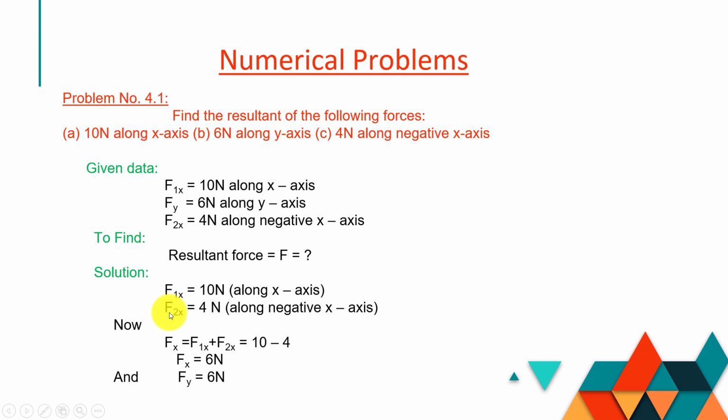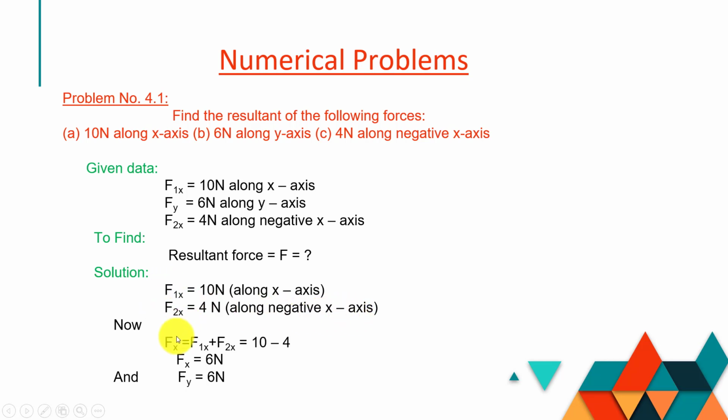Now the solution is, as we have two forces along x-axis, firstly we will find the resultant of the x-directed forces. We are given F1x, which is 10 Newton along x-axis, and F2x, which is 4 Newton along negative x-axis.